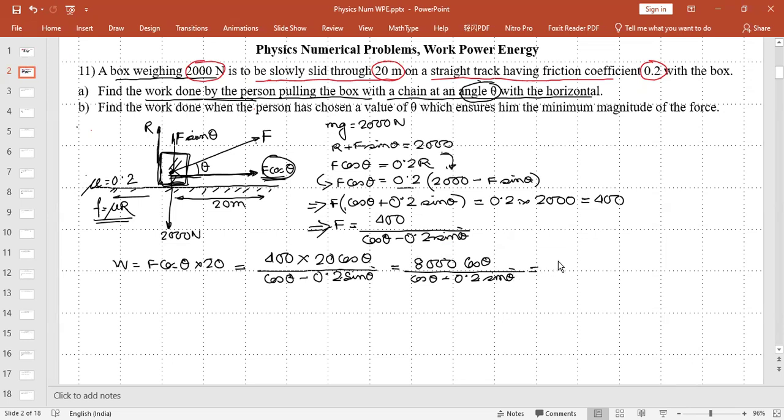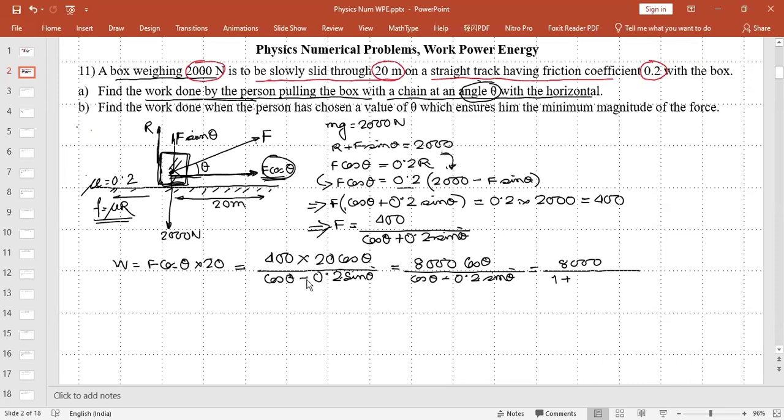So here then I will have 8,000 divided by, this cos theta also divided by cos theta, 1 plus, sorry, I have made a mistake here. There was a plus sign, so this is a plus sign.